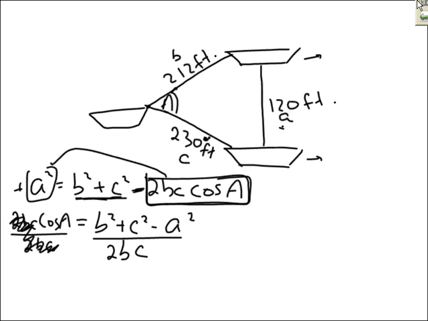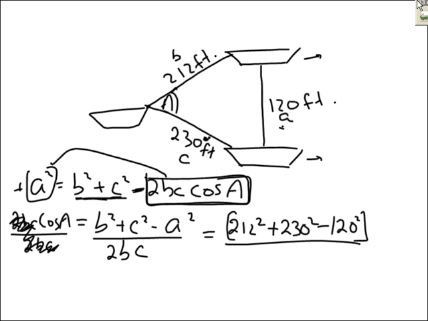So that's where cosine A equals. Cosine A is equal to 212 squared plus 230 squared minus a squared, which is 120 squared, and all of this gets divided by 2 times b times c.